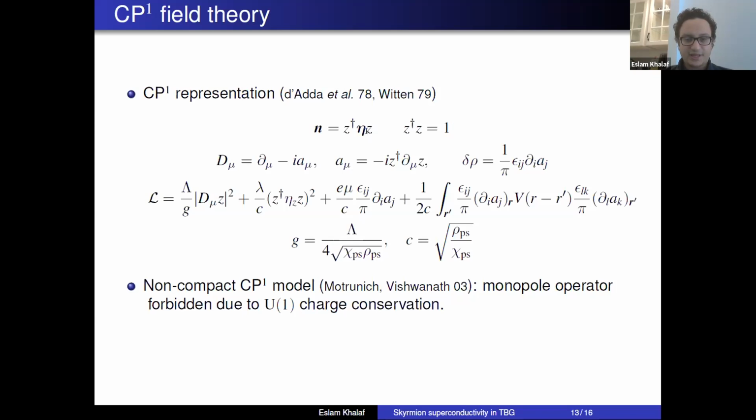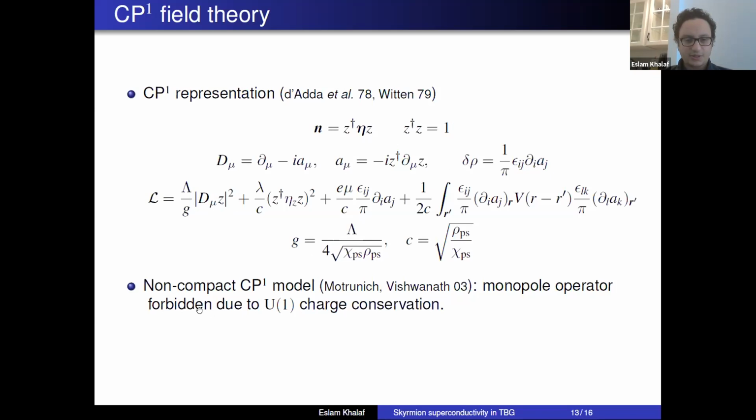In addition, there is an extra gauge redundancy in this description because we can multiply this z variable by an arbitrary phase, and it doesn't affect n. This leads to the appearance of a U(1) gauge field in this representation, and the topological charge can be written very simply in terms of this U(1) gauge field as the flux of the gauge field.